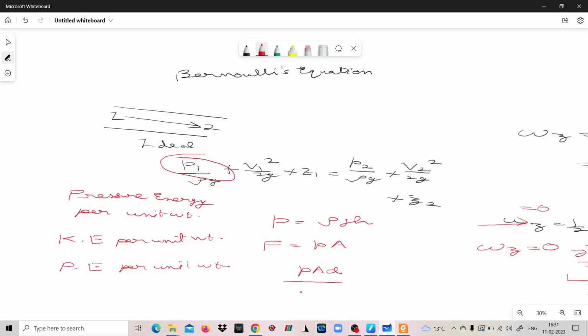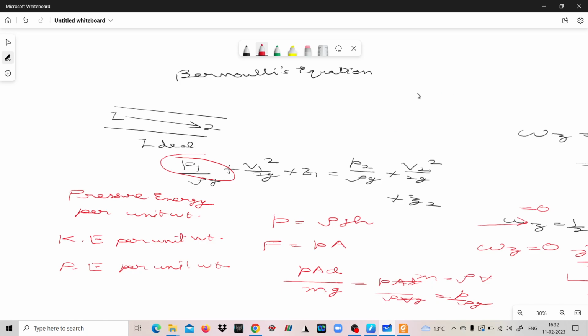Weight is given by m into g. Now what is m? M is mass. Mass can be written as density into volume. So this can be written as P A d divided by rho V g. Now area into displacement is again the volume. So this and this cancel out and we are left with P by rho g. So that's how we are getting pressure energy per unit weight.